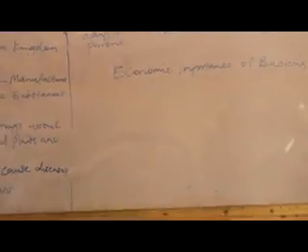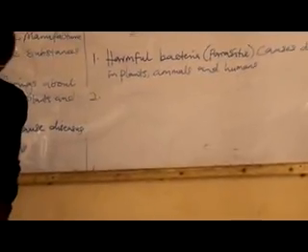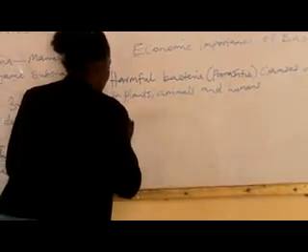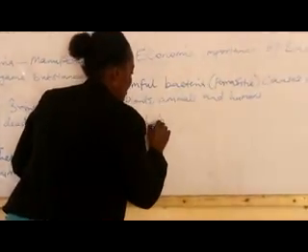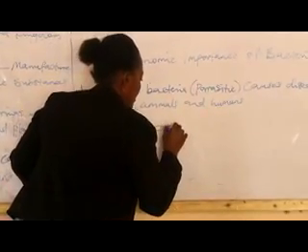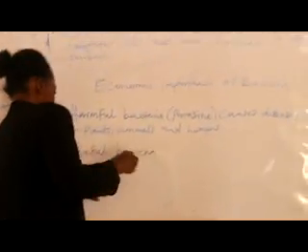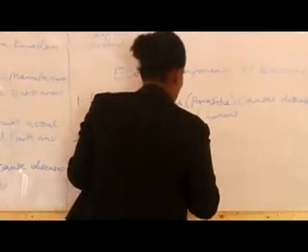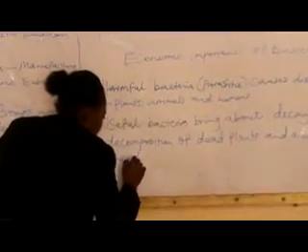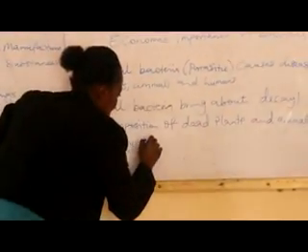Number one, harmful bacteria cause diseases in plants and animals, causing death and decomposition of the plants and animals. Number two, useful bacteria bring about decay, improving soil fertility.